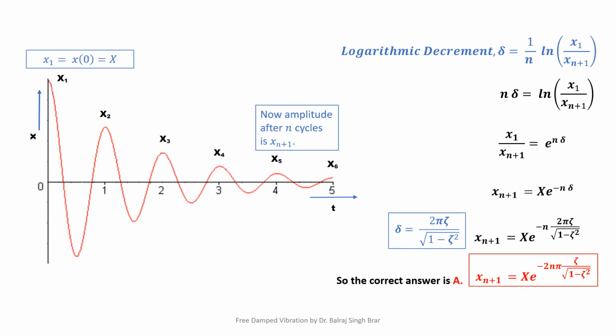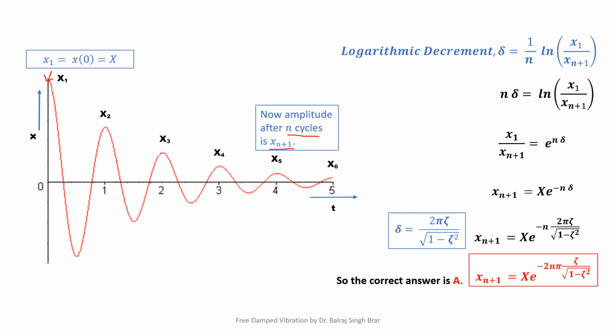Now, underdamped system will have profile like this, and first amplitude is x1. Say after first cycle, second amplitude, third, fourth, fifth, we want to find out after n cycles xn plus 1 amplitude.